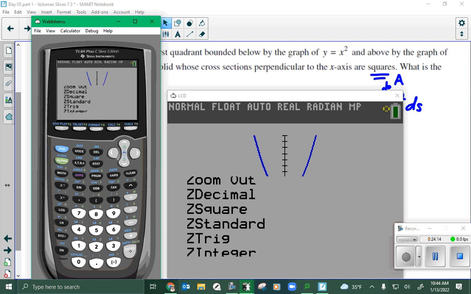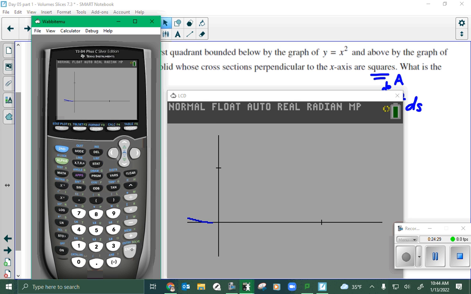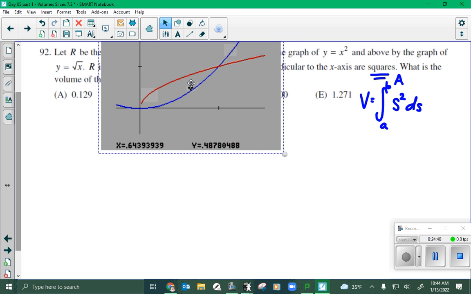Let's zoom a box because I could draw this bad boy. I'm going to hit enter. Up here, there's the one side. Go above the 1, then go to the right of 1 on the x, and hit enter. So I'm going to zoom in here. Oh, that's pretty. I would have drawn it better, you know. Maybe not as precise, but it would have been better. That's just my personal feelings here.